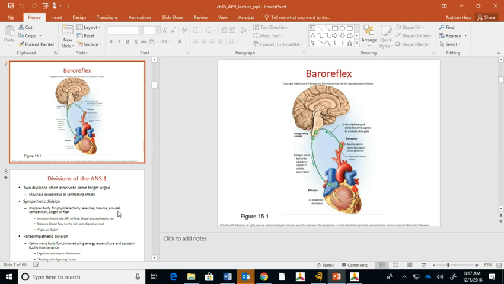Does that make sense? And there are lots of these, a whole group of different reflexes. As a matter of fact, your digestive system has its own whole set of nerves and nervous tissue and reflexes for digestion. It's quite impressive, which I honestly didn't know much about until I was preparing for this chapter.